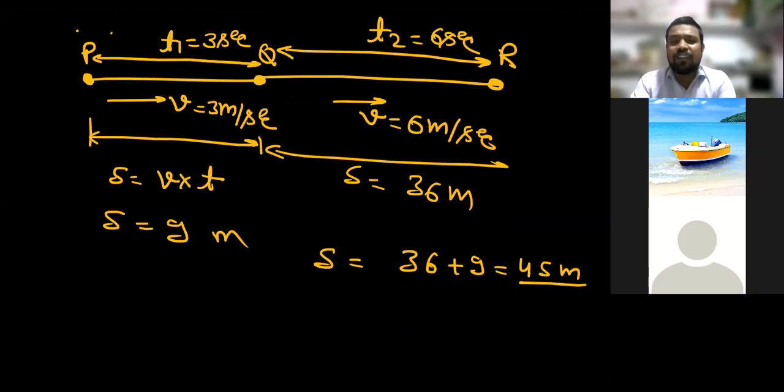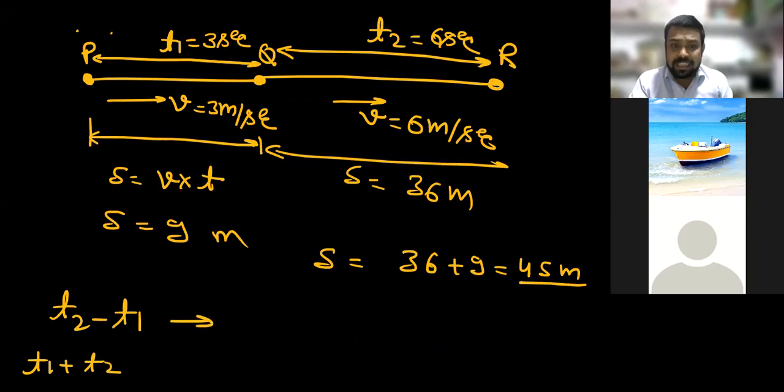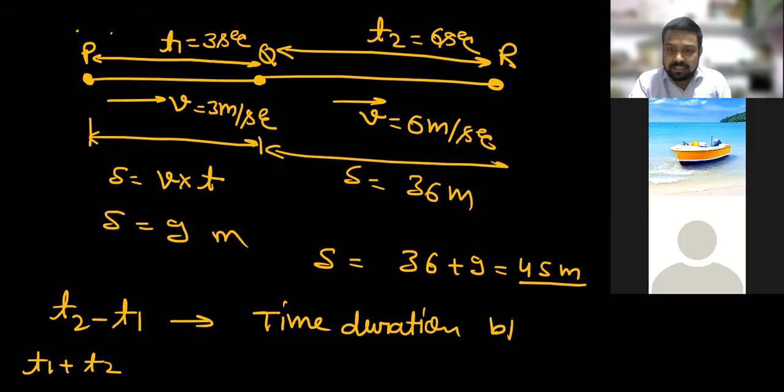So now you are comfortable to understand this concept. What is the meaning of T2 minus T1, and what is the meaning of T1 plus T2? This T2 minus T1 is a time duration between time T1 to T2, am I right?